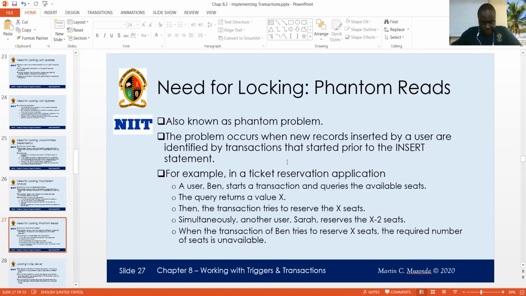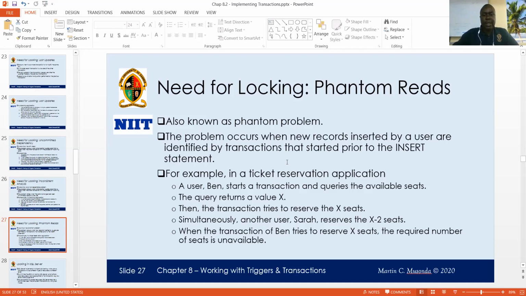For example, in a ticket reservation application, a user called Ben starts a transaction and queries the available seats. The query returns a value of X seats available. Then the transaction tries to reserve all the X seats.